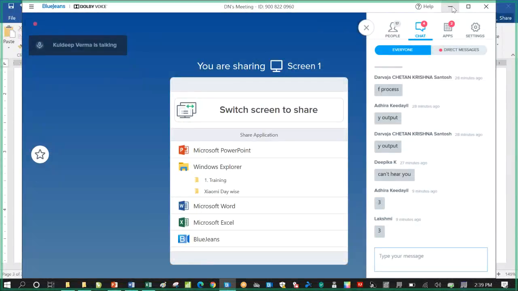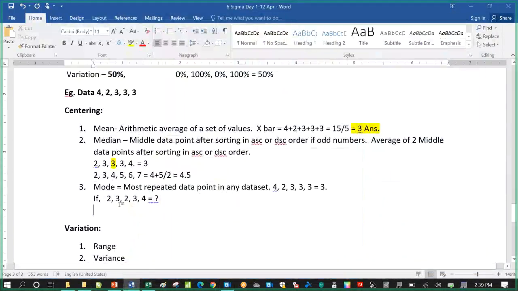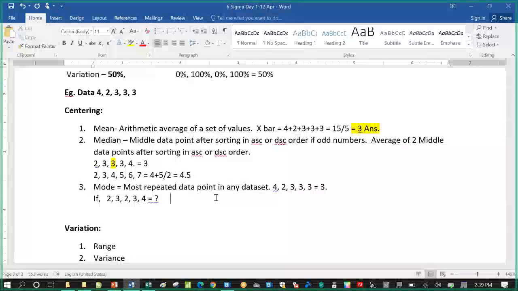Now, since you do not have any data which is getting repeated the highest number of times, and 2 is there, 3 is also there, each getting repeated 2 times, in this scenario there is a small calculation. There is a relation between mean, median, mode.